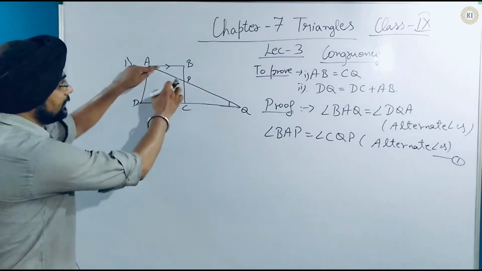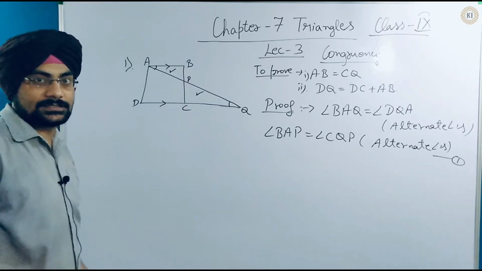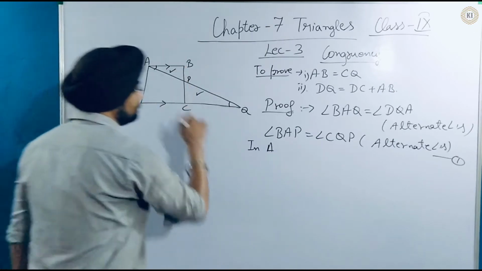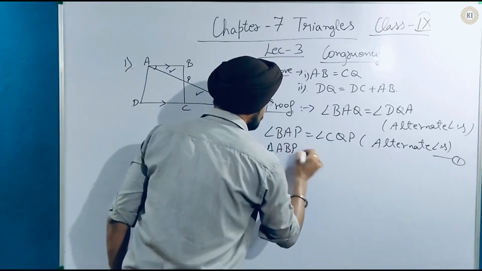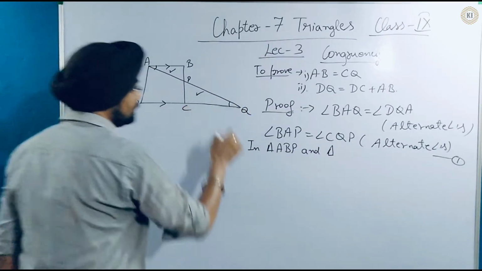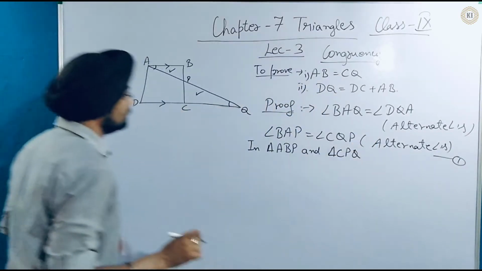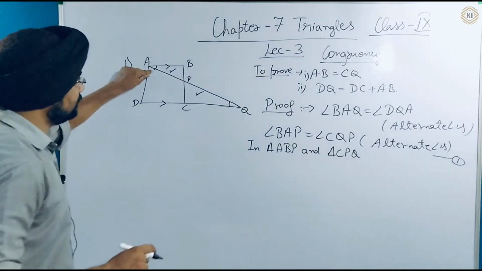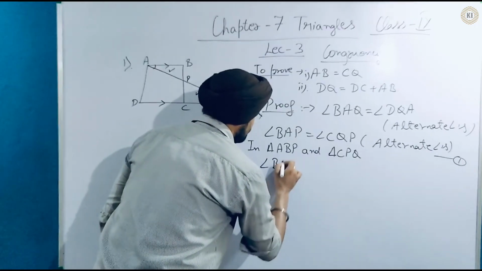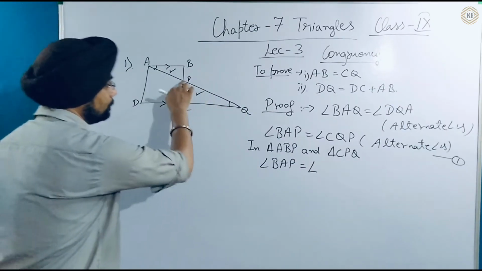Now we take these two triangles, this triangle and this triangle, and we will try to prove these two triangles as congruent. So in triangle ABP and triangle CPQ, first line what is given, we have already proved that angle BAP is equal to angle CQP.